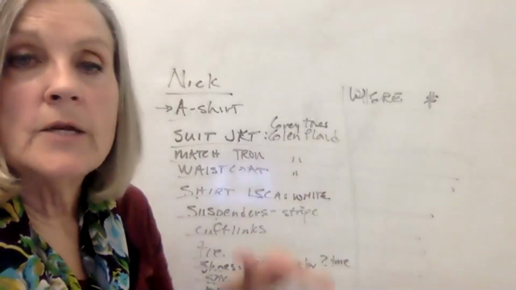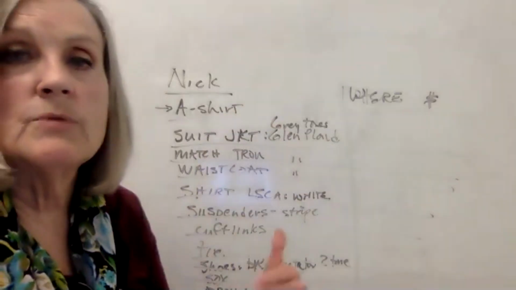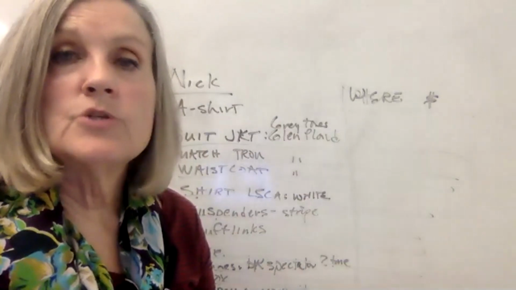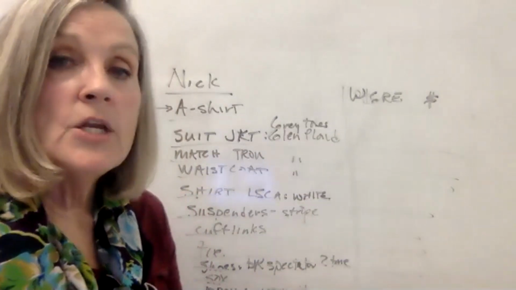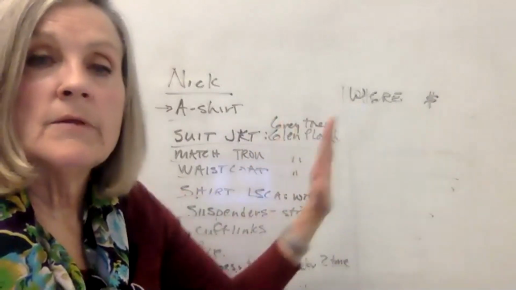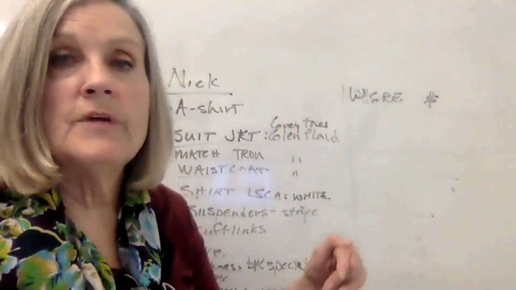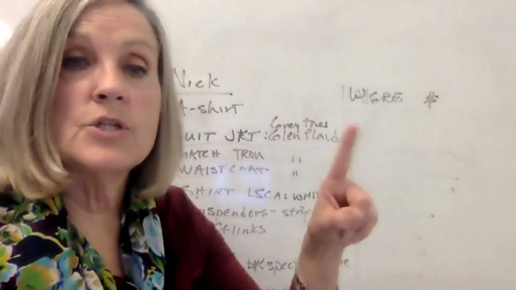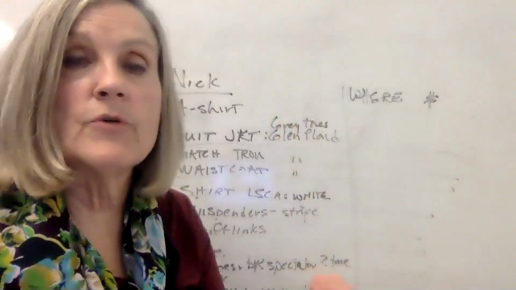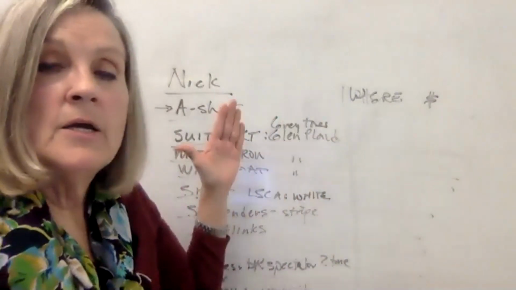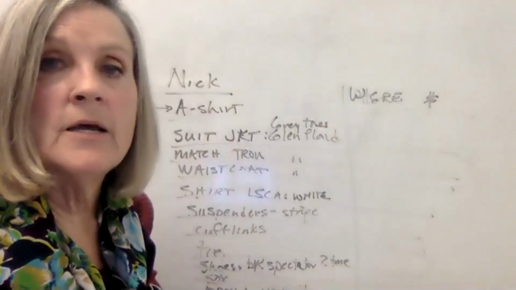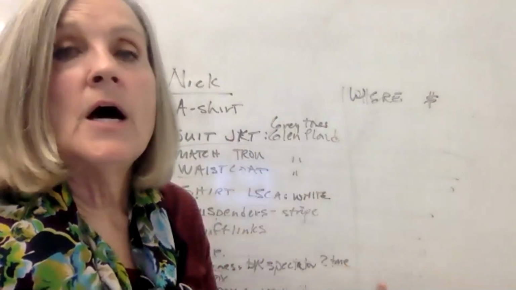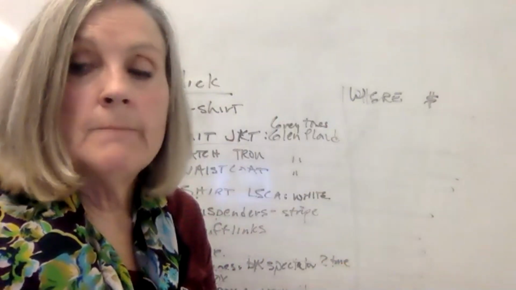Your wardrobe crew head, who's the person that runs the crew when the crew is in production, if we were to be doing multiple shows, and here at City College we do 14 different performances, then you also need a way to track each one of these items to make sure that if it, for example, in this particular radio play, if there's a coat tree on stage and they're grabbing a hat or an umbrella or something for a different scene, that those items come back to the character to whom they are assigned, so they will be ready to go the next day in advance of the production, okay?